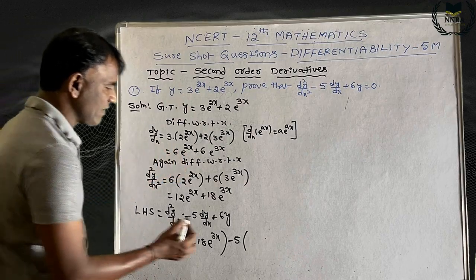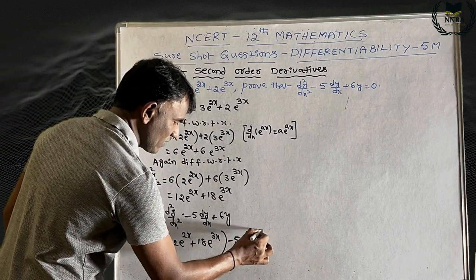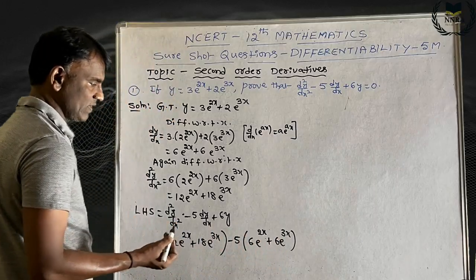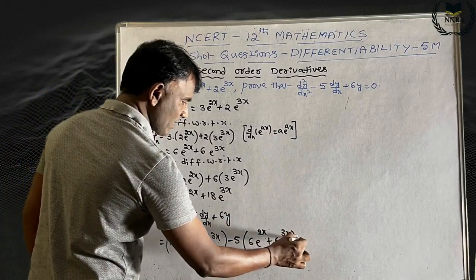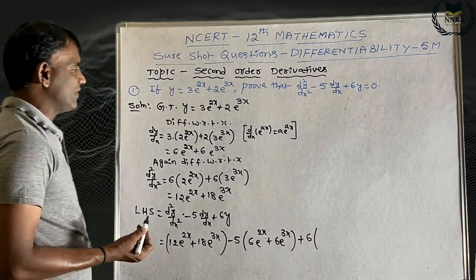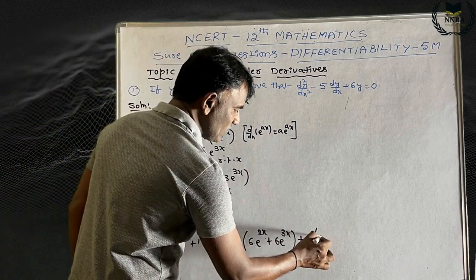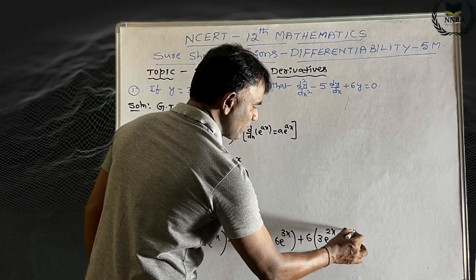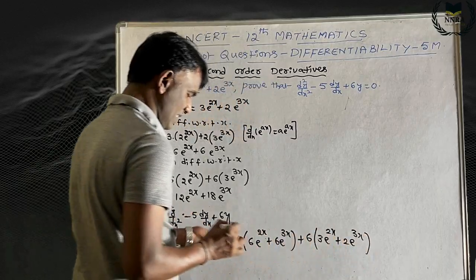So now this is the value, na? 6 into e power 2x, again 6 into e power 3x. Then plus, what is that? 6y. So 6 into y means given value. What is that? 3 into e power 2x plus 2 into e power 3x. So this is the value.